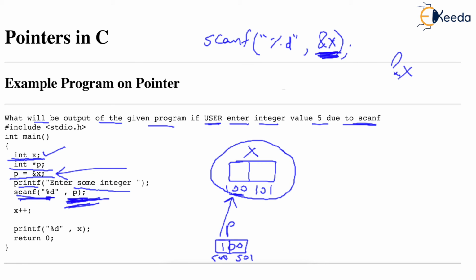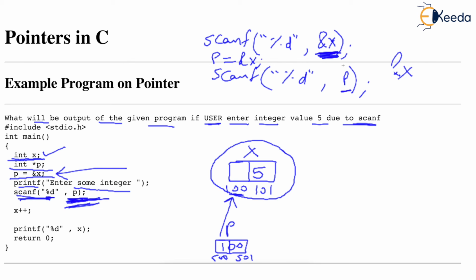How do you read this again? Scan the value through the keyboard, and whatever value, like 5, should be stored at the address of X, and the address of X is 100. So 5 will get stored at the location 100. Correct? So what if I say scanf %d P, where P is already storing the address of X?